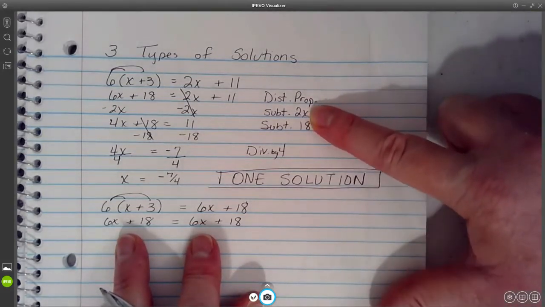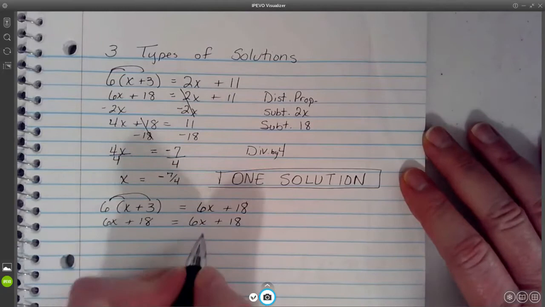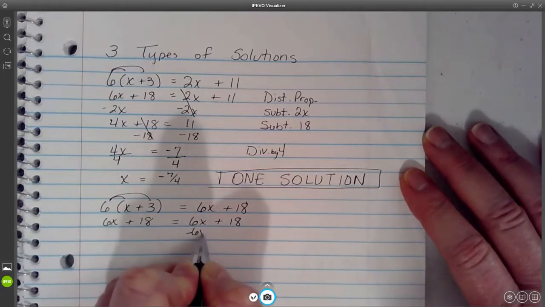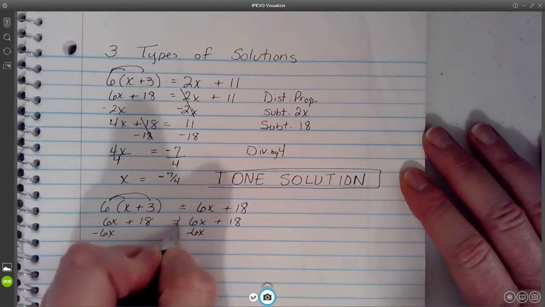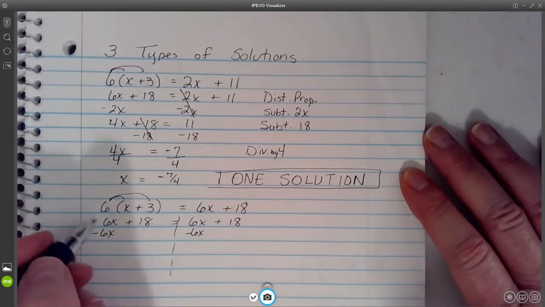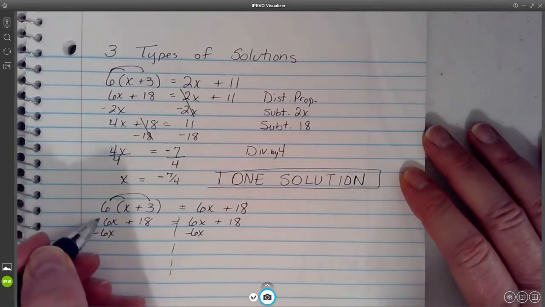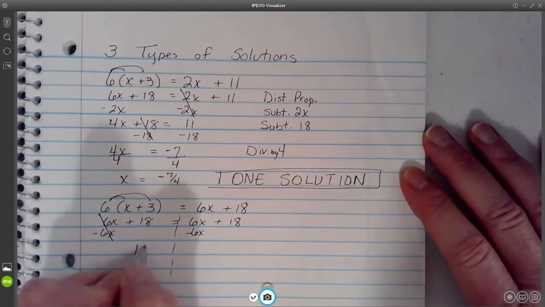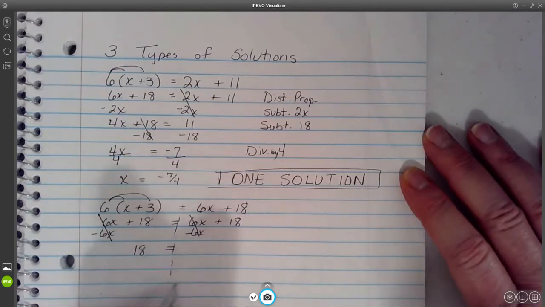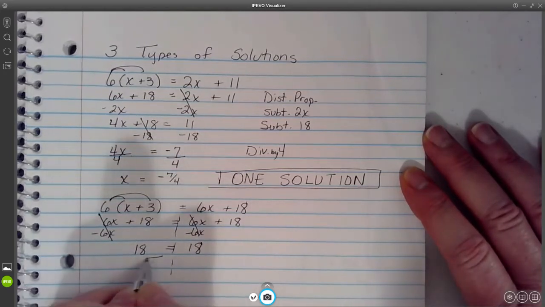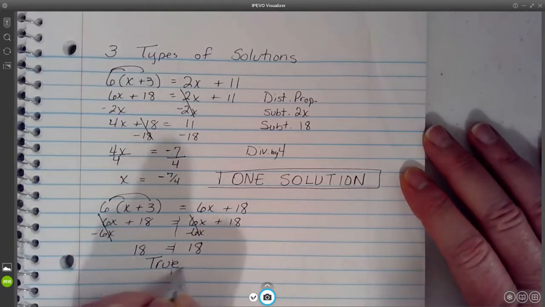I'm going to work to get the variables on one side. I'm going to subtract this 6x to get it off of this side, which means I have to subtract 6x on the other side of the equal sign. Unexpectedly, the 6x cancels the 6x over here, and it also cancels on this side where I wanted it to. And it comes out to 18 equals 18, which is true.